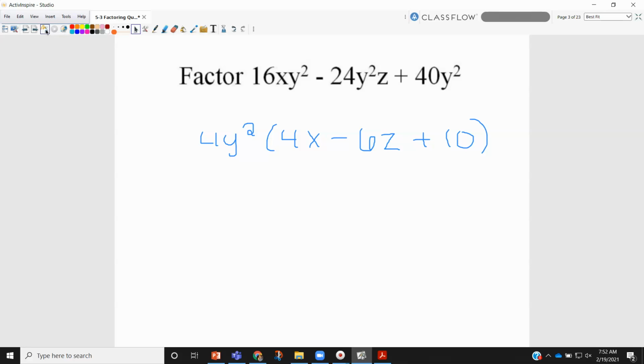So sometimes you might take out a GCF that's not your largest, and then you recognize that once you get to your next line, and you can say, all right, instead of taking out a 4, I could at this point take out a 2, making this 8y squared, 2x minus 3z plus 5. So as we simplify and work through these problems, we're going to see that maybe not every time we take out the full GCF, but we recognize it later.